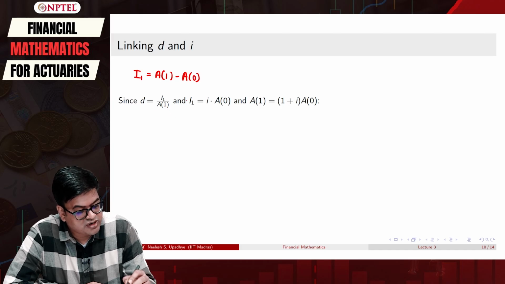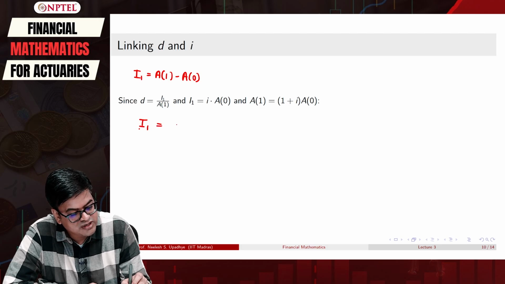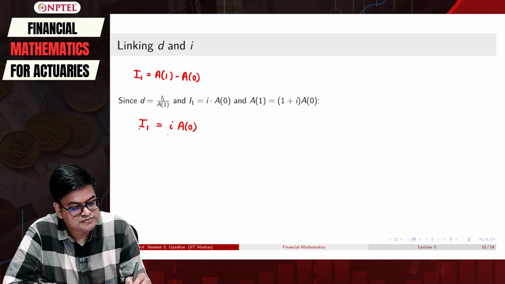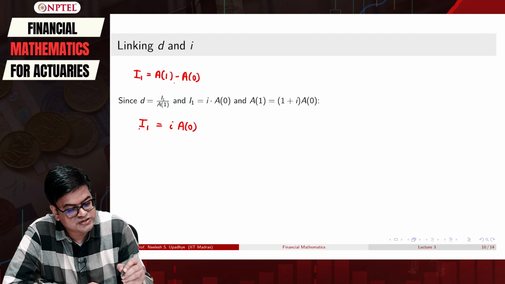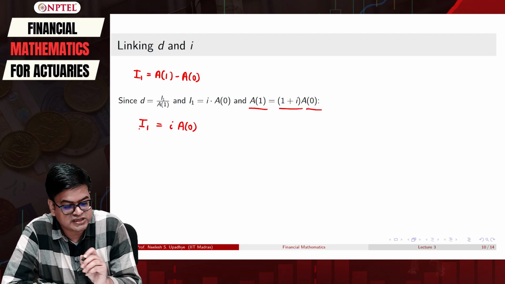However, according to our earlier calculations, I1 is the interest earned over the initial capital, so it is always i times A0. Okay, therefore A1 is 1 plus i times A0.